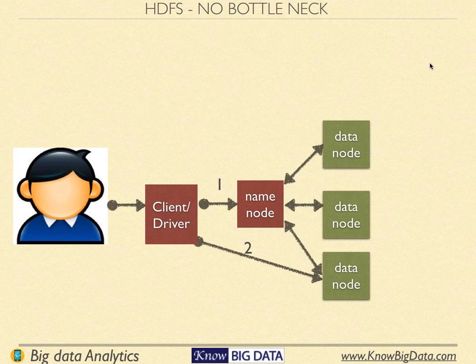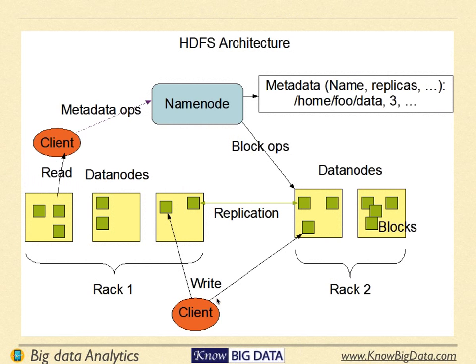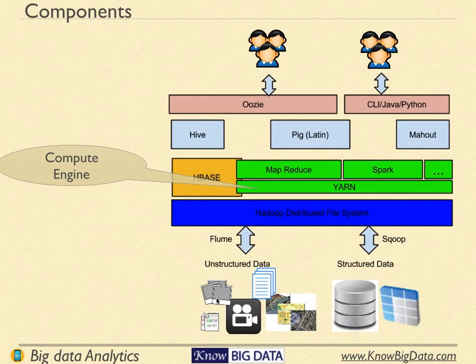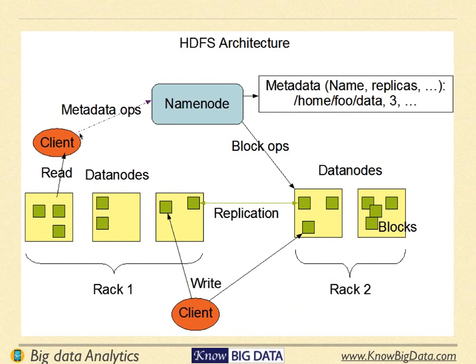All right. So that was the architecture. Now a little bit more. The client comes to write the data to the name node. If you want to write data, you first go to the name node and tell it, hey, I want to write the data.